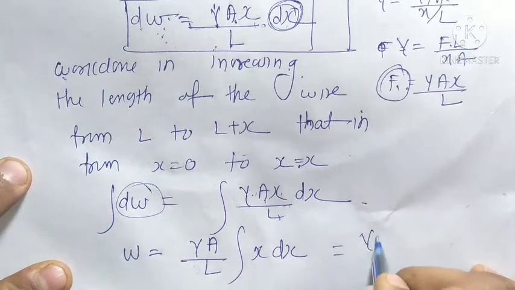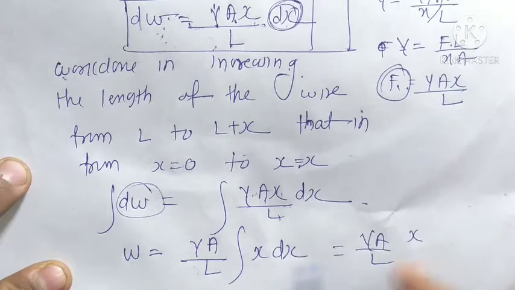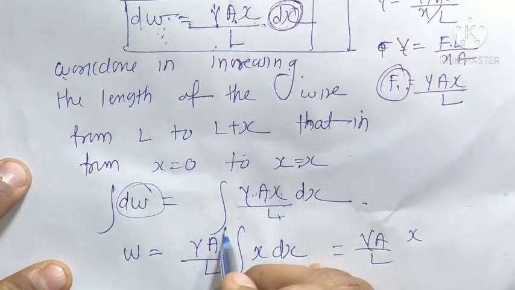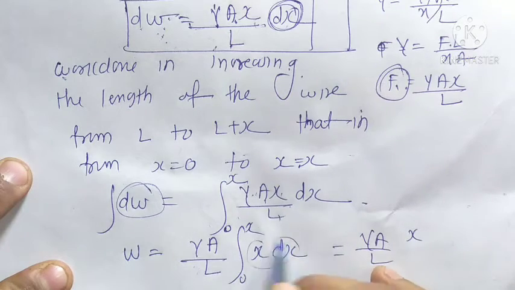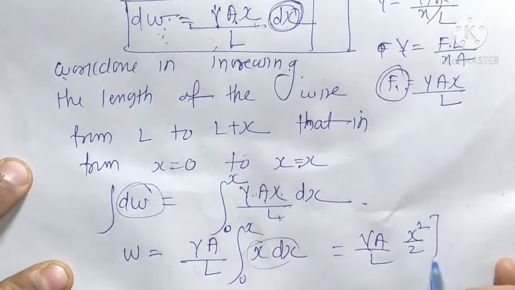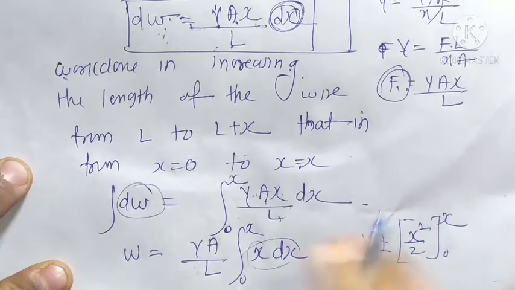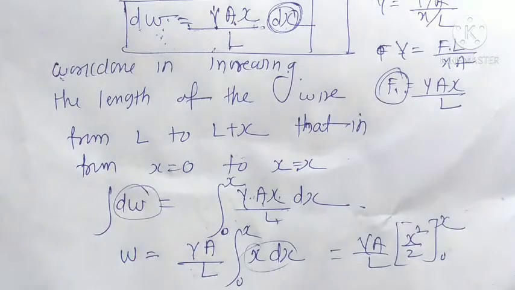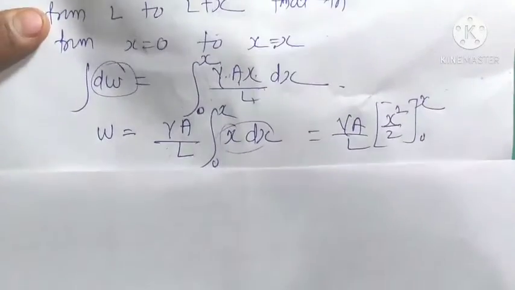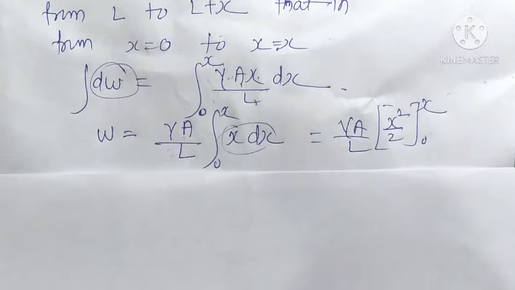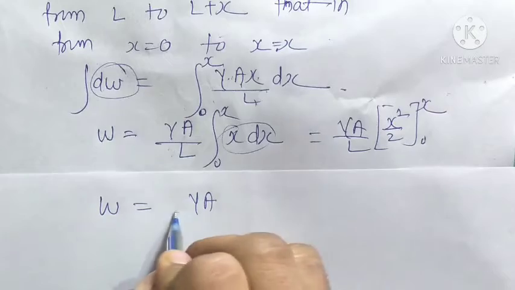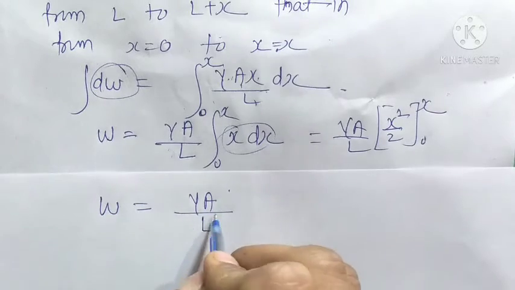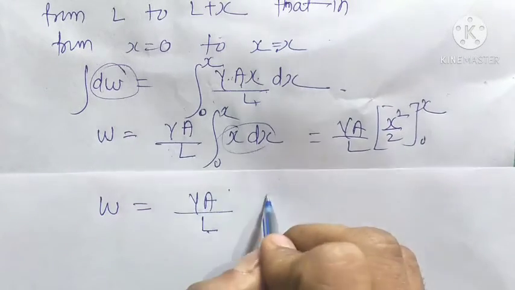Only x and dx are left inside, so we get x square. Now we put in the limits: lower limit 0, upper limit x, 0 to x. We already know the integral gives x square upon 2, 0 to x. So total work done W is equal to Young modulus area of cross section upon original length into x square.